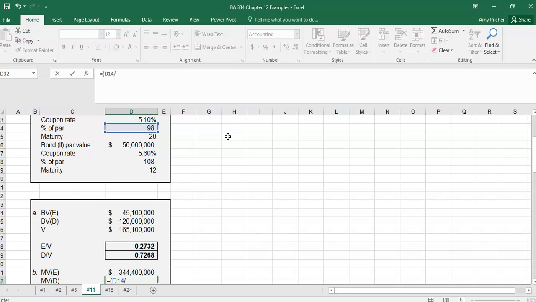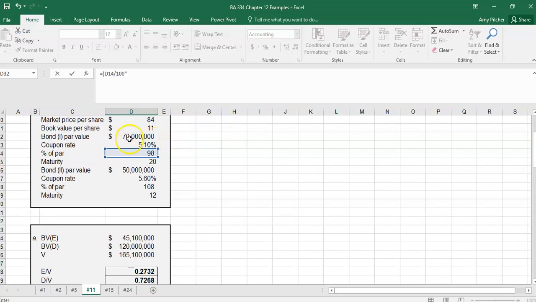So that divided by 100 times the total value of our bonds, plus the percent of par for bond 2 divided by 100 times the total value of bond 2.